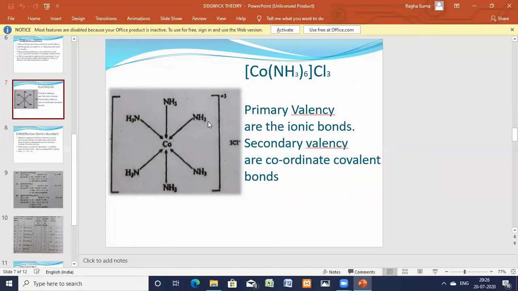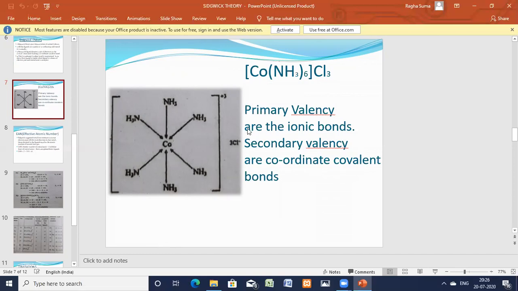The coordinate covalent bond is represented by the arrow from the ligand to the metal atom, where the ligand is the donor, the Lewis base, and the central metal atom is the acceptor, the Lewis acid.